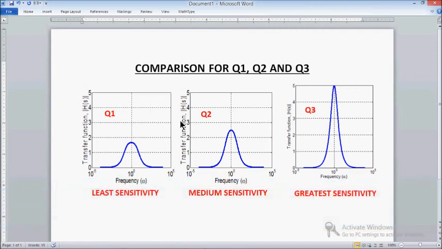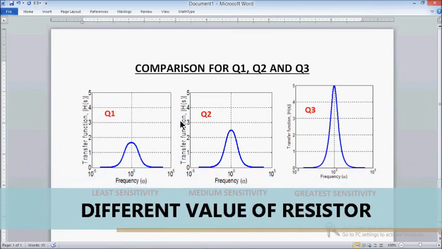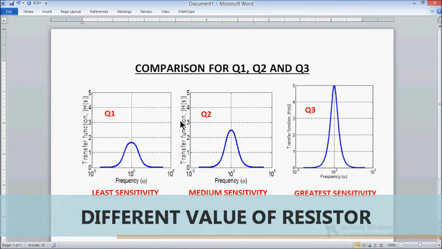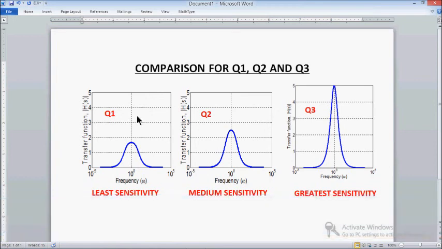But the difference is we use different values of resistance. For Q1 we use 6 ohm, Q2 we use 4 ohm, and Q3 we use 2 ohm.